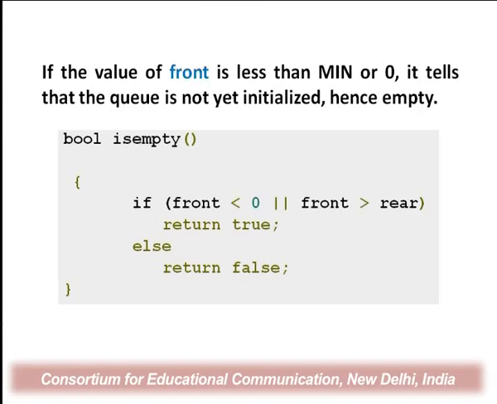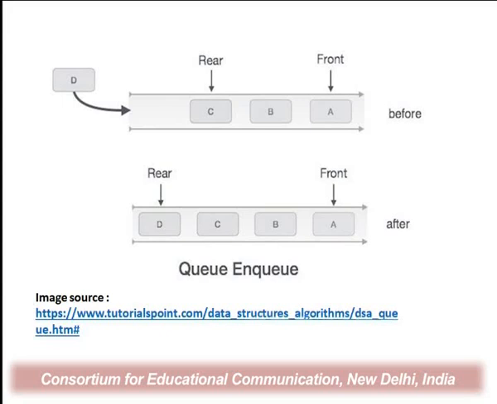So, if front is less than 0 or front is greater than rear. How can front be greater than rear? I will be coming to it in a minute. If front is less than 0, return true, else return false. So, this is the pseudo code for the is empty function, which will return true if front is less than 0, that means there are no elements to be DQ'd, or it will return false.